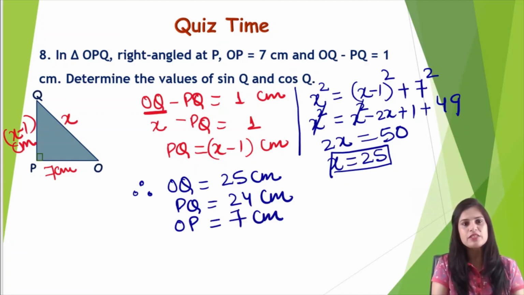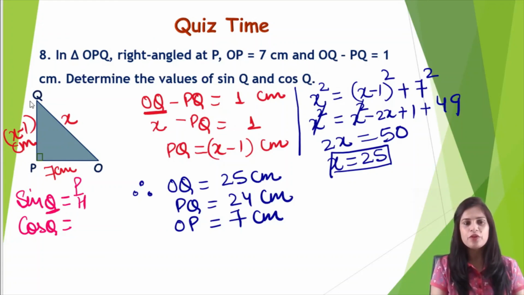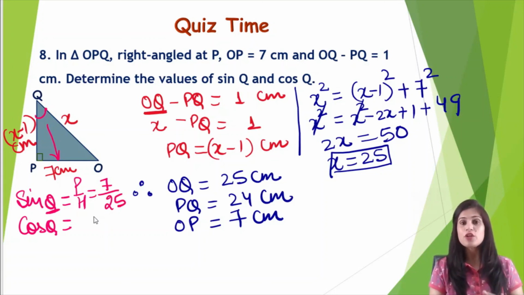So what can we say? We can find the value of sine Q and cos Q. So what is sine Q? It is P by H and we have to check out Q. Opposite to Q is perpendicular, that is 7, and hypotenuse is 25. Yes, cos Q, that is B by H, right?